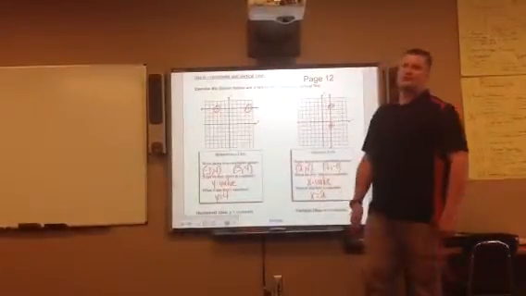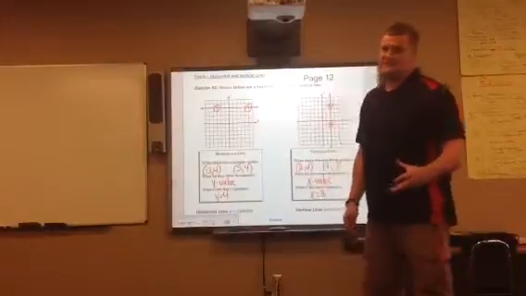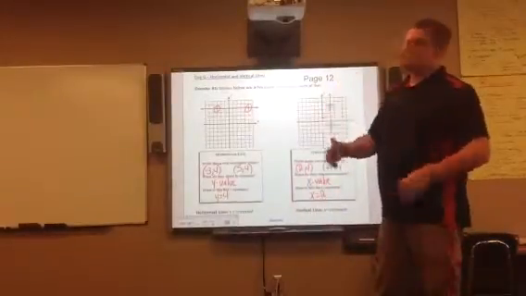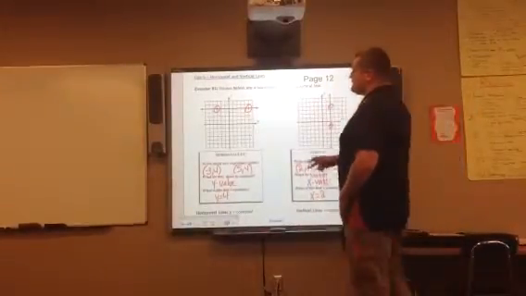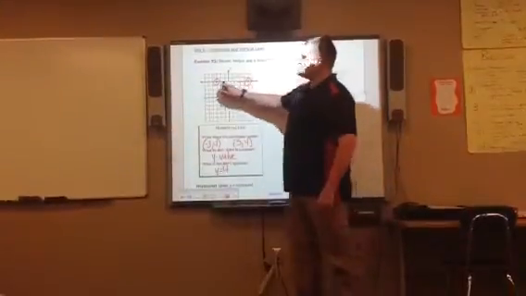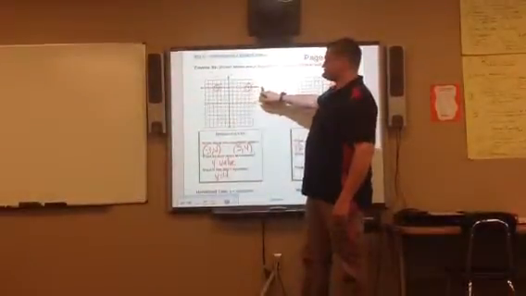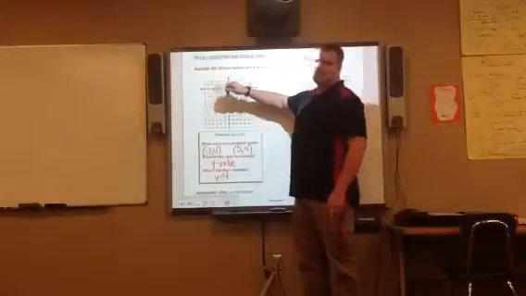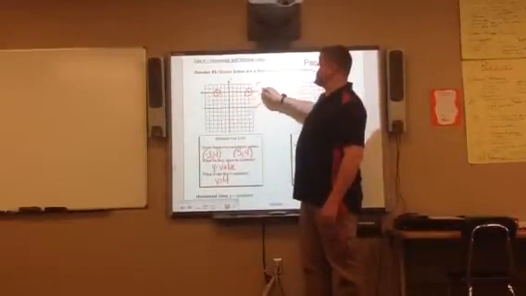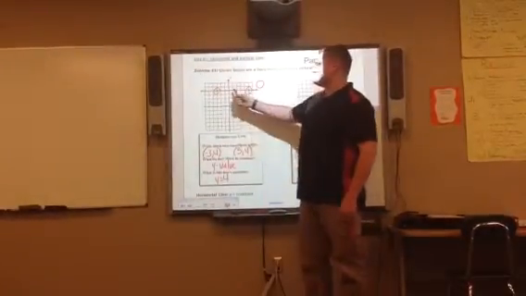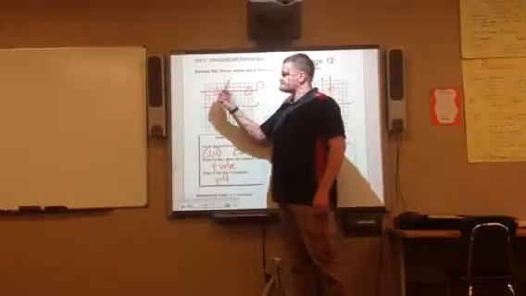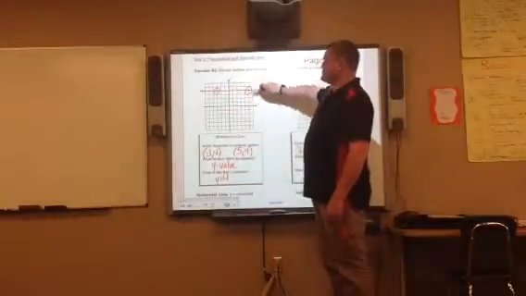Now remember, this only holds true for vertical and horizontal lines. If it's slanted, we would need to find the slope. When we talk about slopes, this is a nice flat line. Think about a level or something like that, this is a slope of 0. That bubble would stay right in the middle if it was a level. There's no slope. You don't have to go up or down.